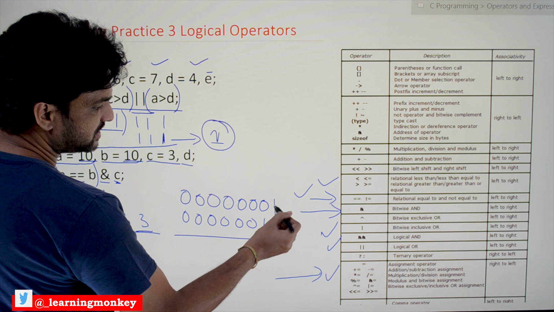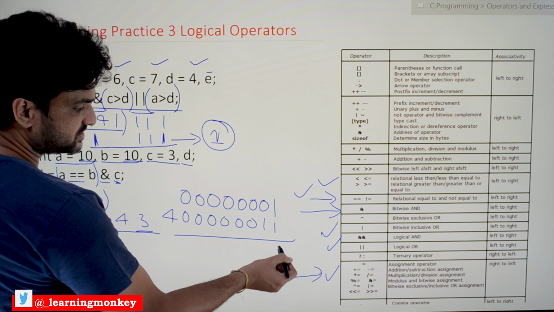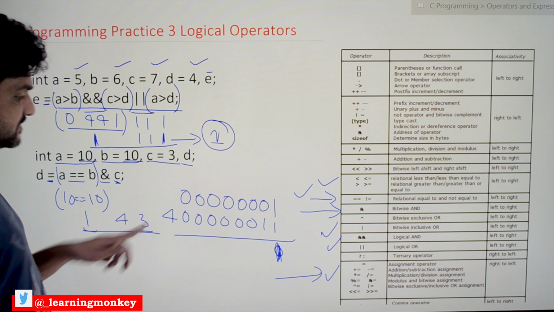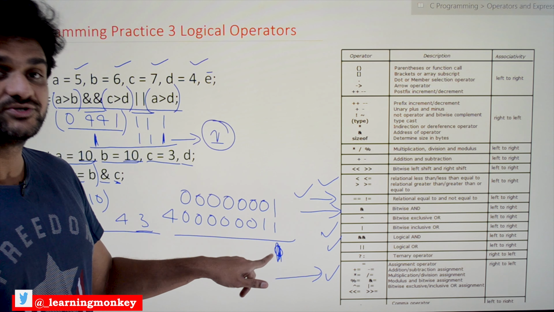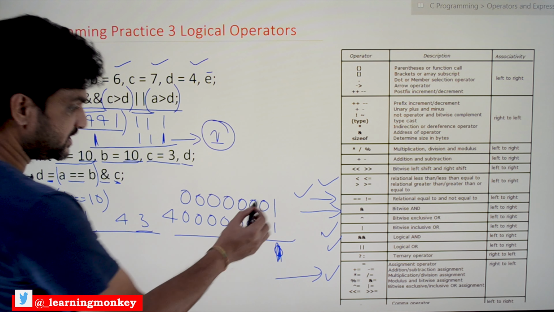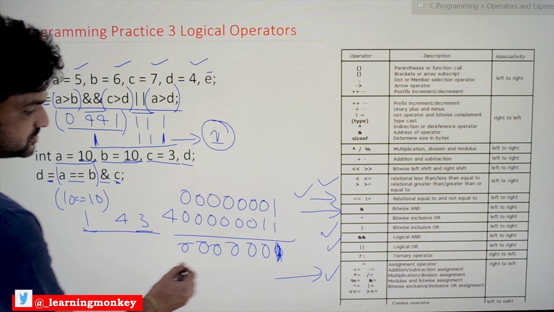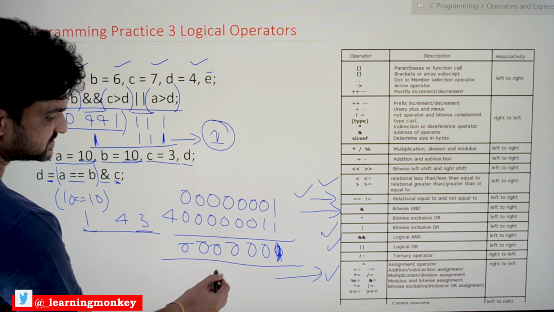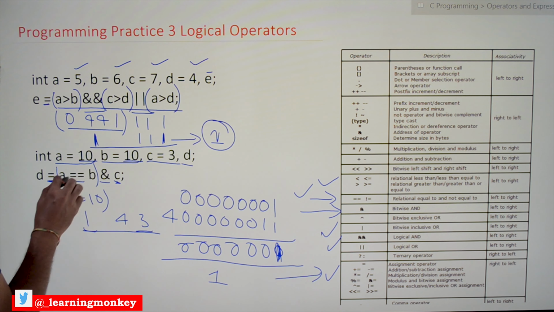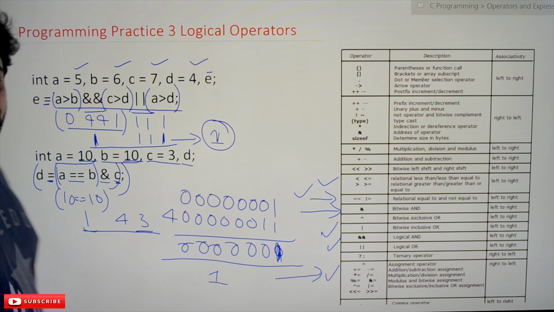Bitwise AND produces an output of 1 only if both the bits are 1. Here 0 and 1 gives 0, and the remaining are all 0. So the decimal equivalent of this is 1. So this is also going to produce an output of 1. After this entire part gets executed, the assignment is done.